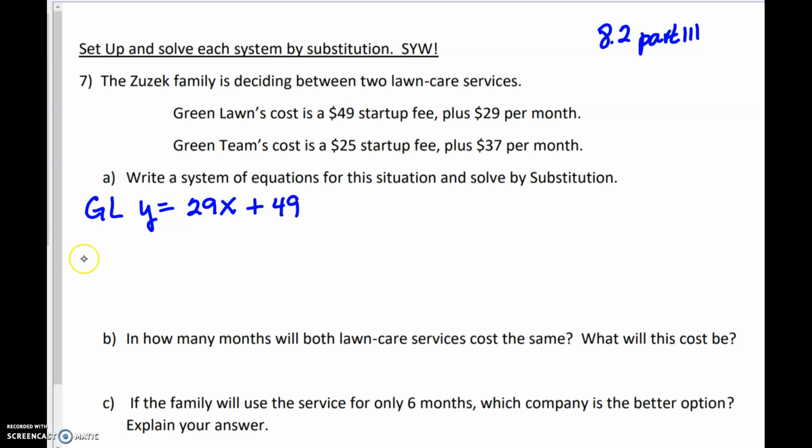And then green team, their total cost is going to be $37 a month, but they only have a startup fee of $25. Now, because these are both y equals, then these two must be equal to each other.